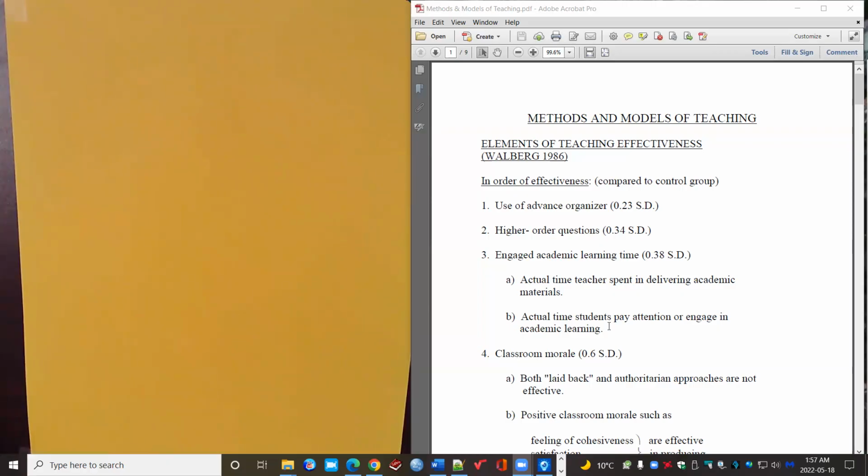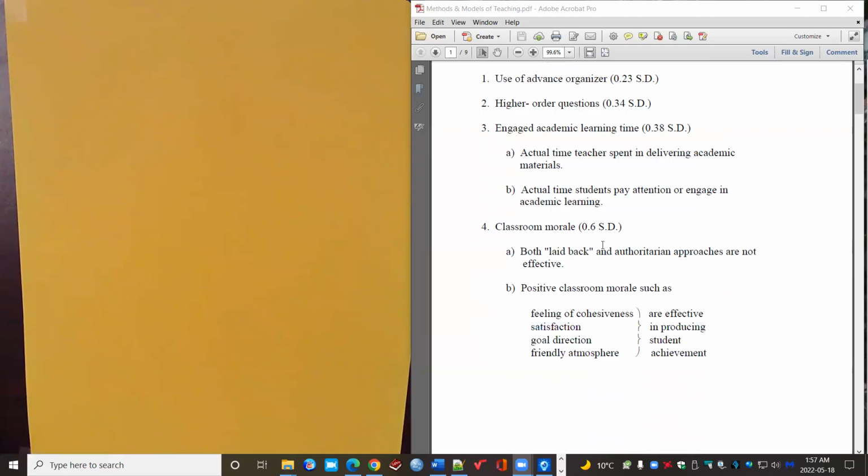All right, classroom morale. 0.6 standard deviation, that's quite a bit larger than all this here. Now, both laid back and authoritarian approaches are not effective.